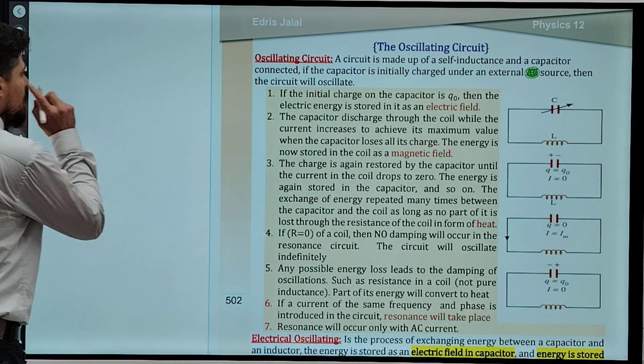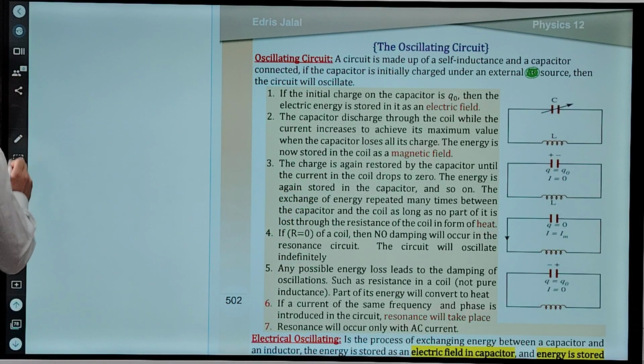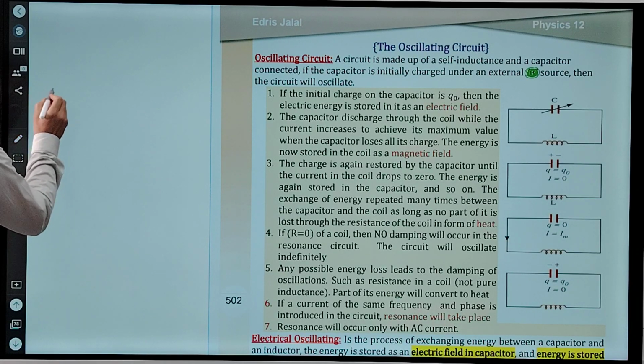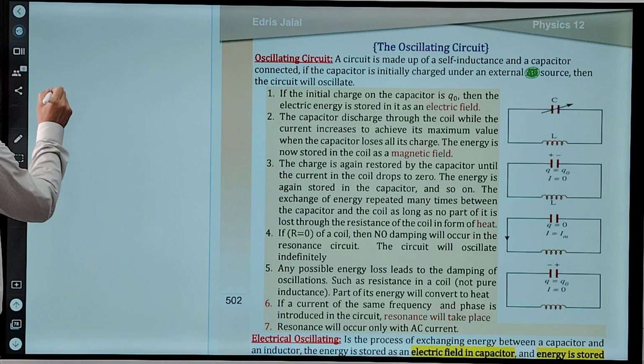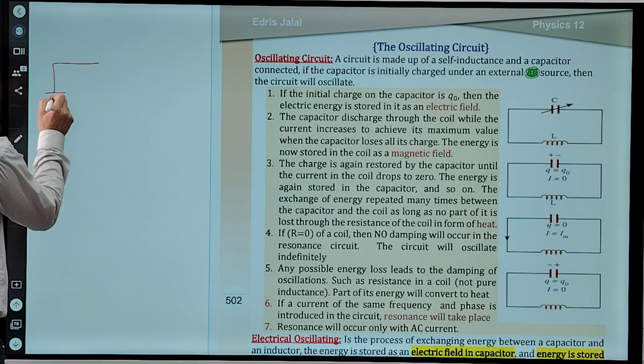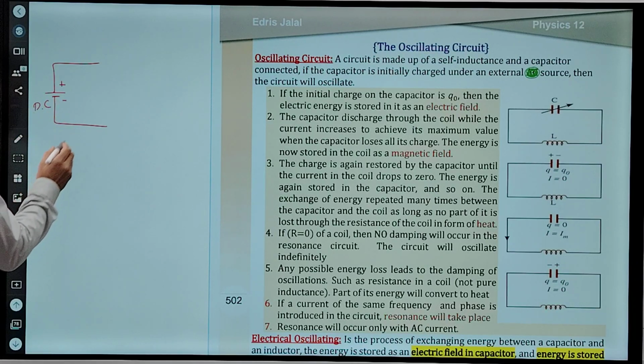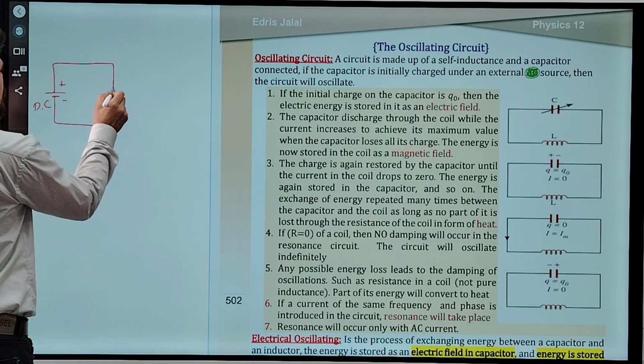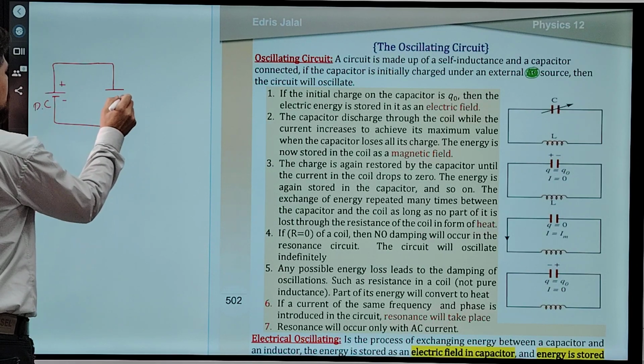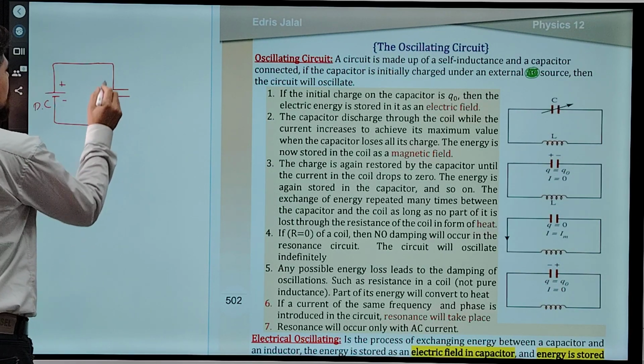Now I'm going to draw a circuit. At first, we have to connect a DC battery, a DC source. This source is DC, connected with a capacitance.